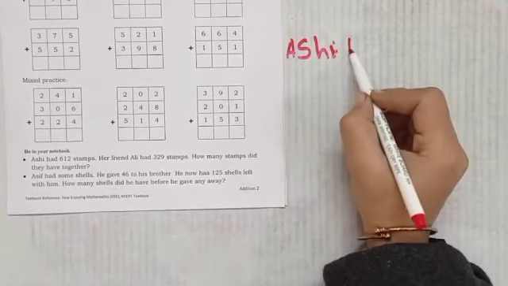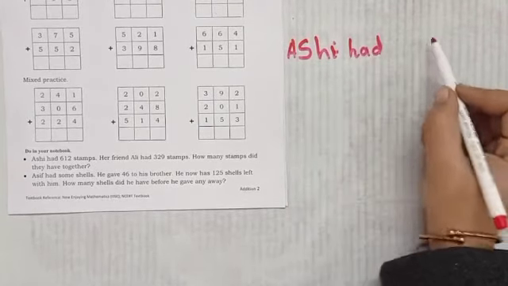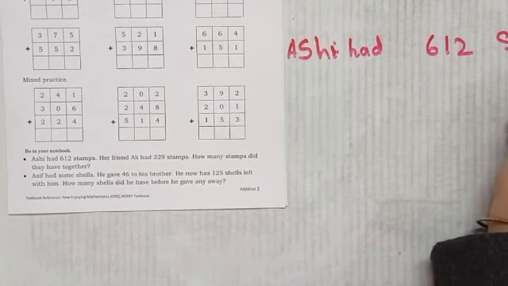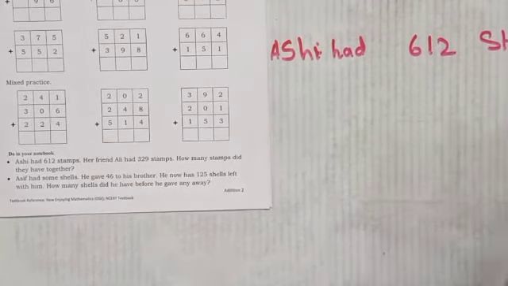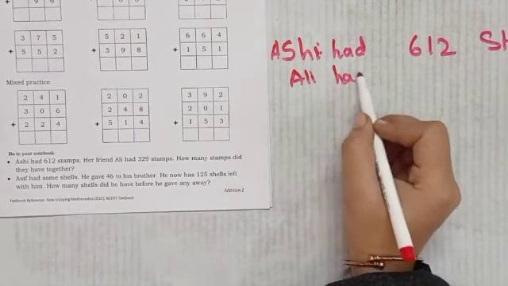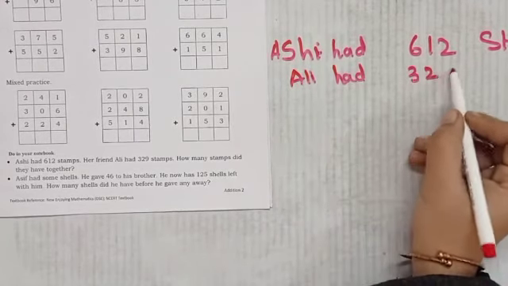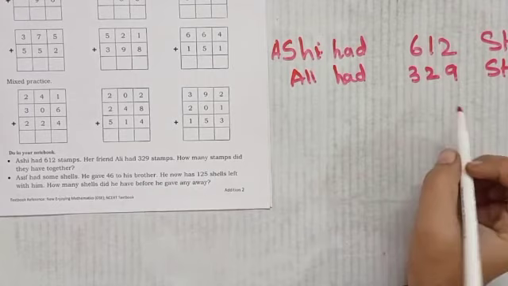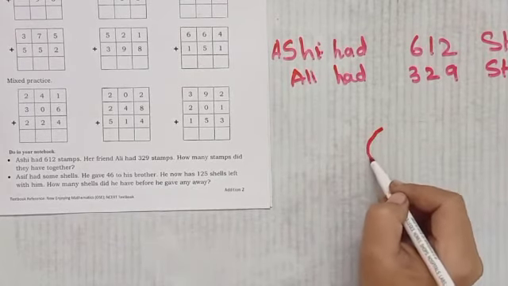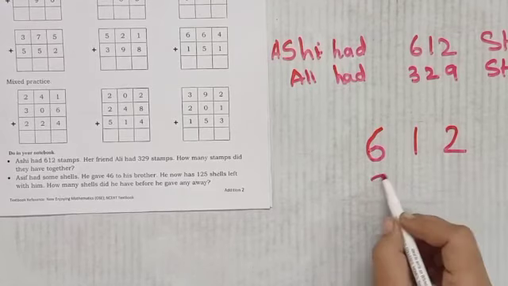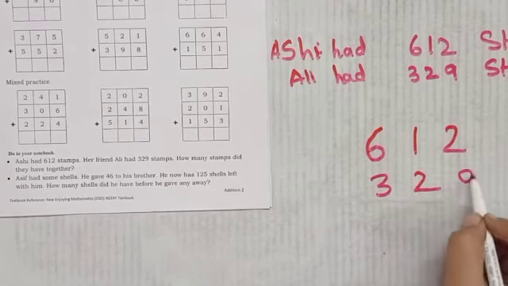Ashi had 612 stems, and Ali had 329 stems. Now we have to give the answer in total. If we have to give the total stems, we have to add both these numbers.